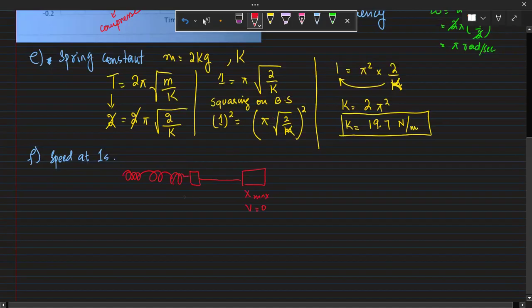That's how the distance is covered, 0.15, right? That is the maximum displacement.